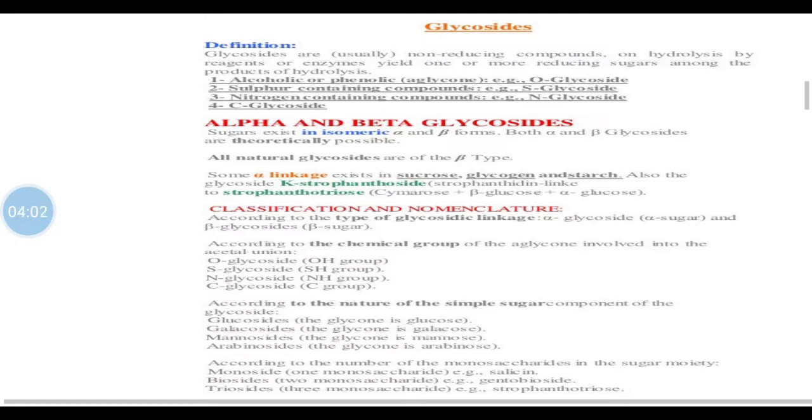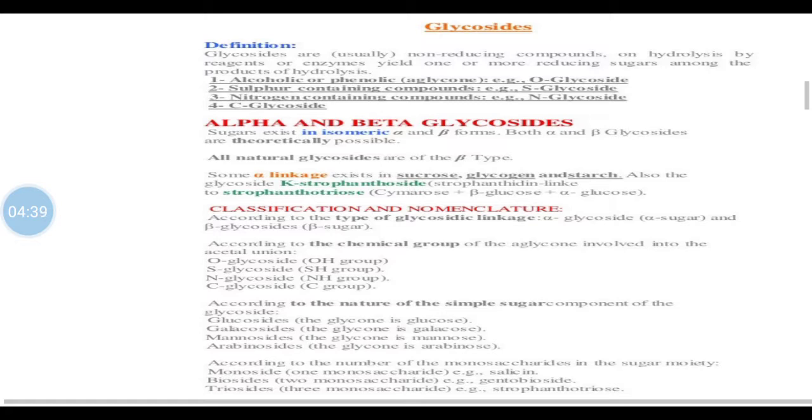Now alpha and beta glycosides: sugars exist in isomeric form, either alpha or beta, and both alpha and beta glycosides are theoretically possible. All natural glycosides are of beta type. Some alpha linkage exists in sucrose, glycogen and starch.